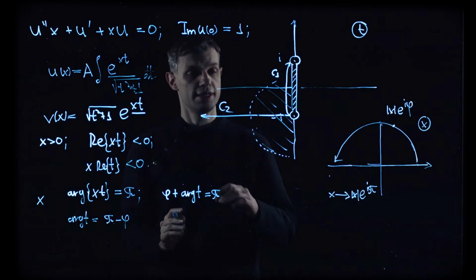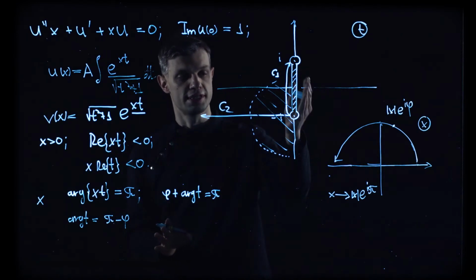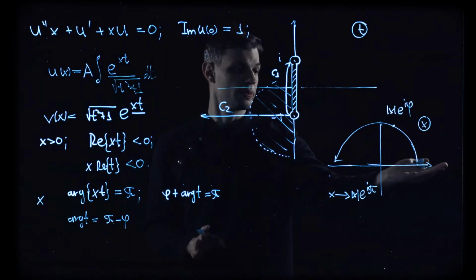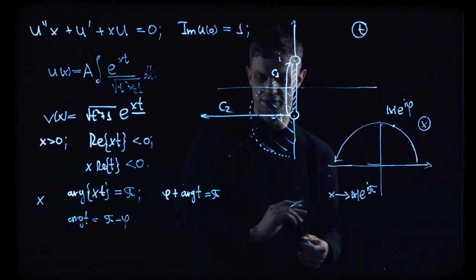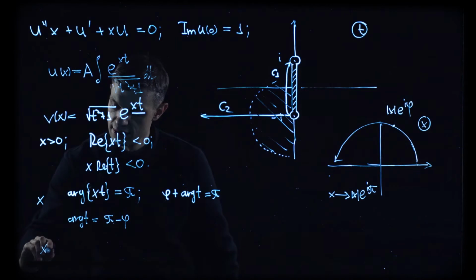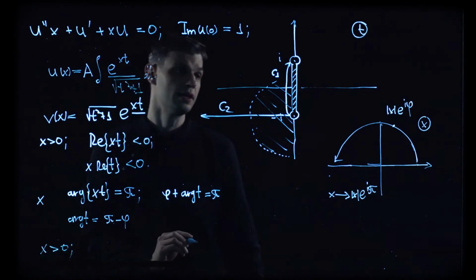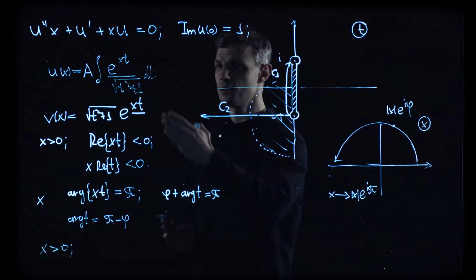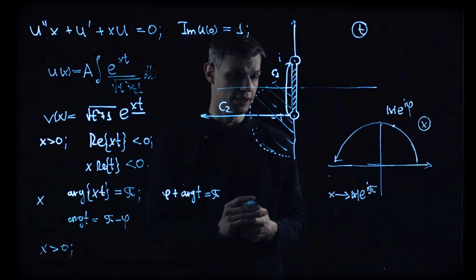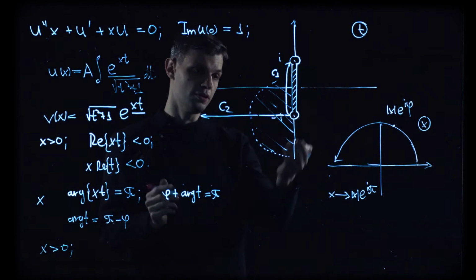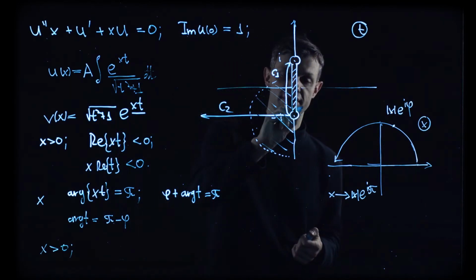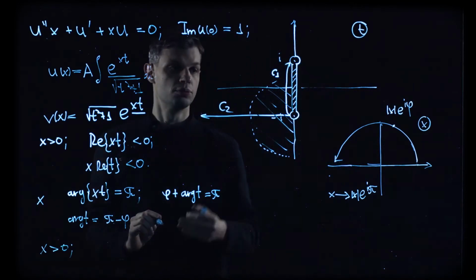But let's concentrate on what is happening when x changes from positive values to negative values. First, let's address the positive values. So x is positive. Then the asymptotic at large x is elementary to find. Now you understand that it's defined by the vicinity of this branch point, t equal to minus i.